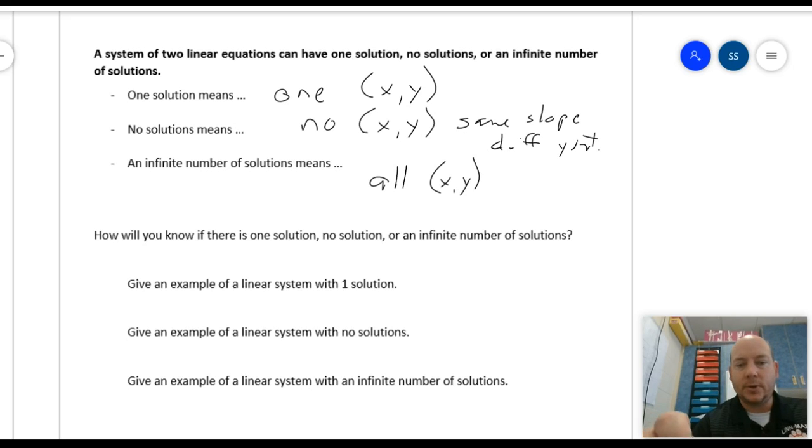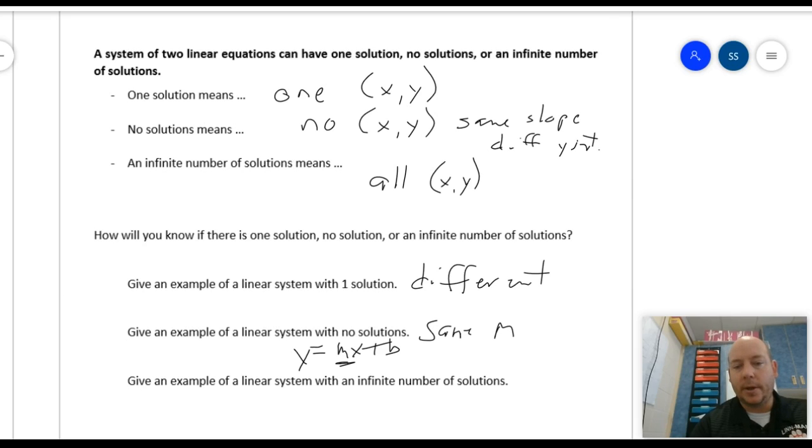And how will you know if there's no solution, one solution, or an infinite number of solutions? Again, one solution, they're just different equations. The slope's different, the y-intercept's different. No solution means they have the same slope. So when you write it in slope-intercept form, y equals mx plus b, that's same m, okay?